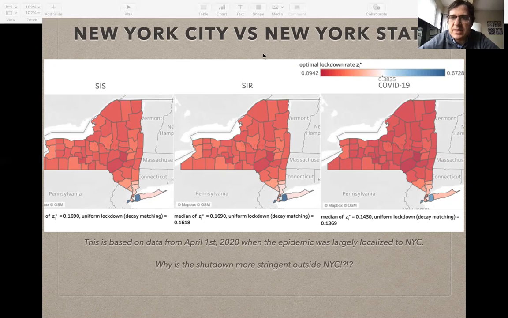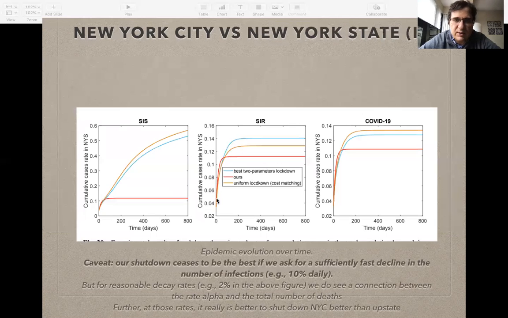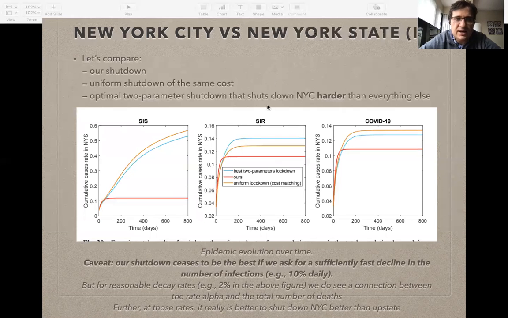Our first reaction was to think maybe there was a bug in the code, maybe something's wrong with the data. So what we did is we compared our shutdown, which is in red, to the homogeneous shutdown of the same cost, which is in orange, and we searched over all shutdowns of New York State, which have two parameters: how hard you shut down New York City and how hard you shut down the outside of New York City, everything else.